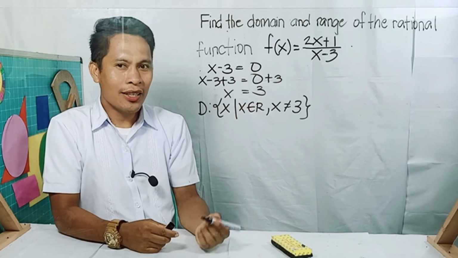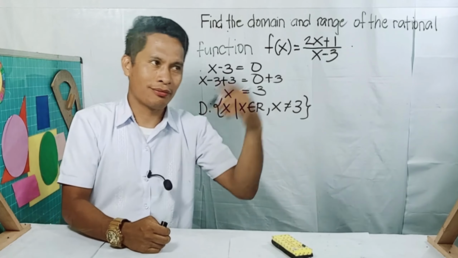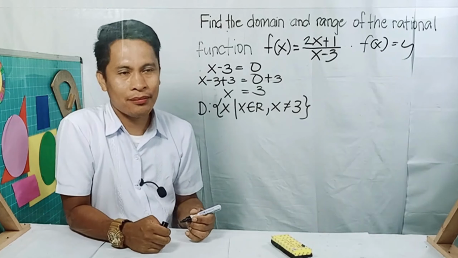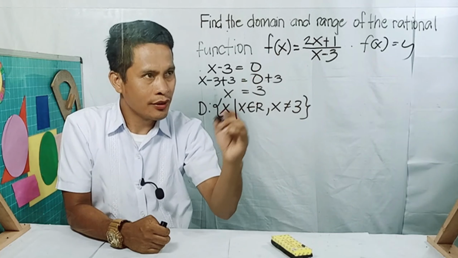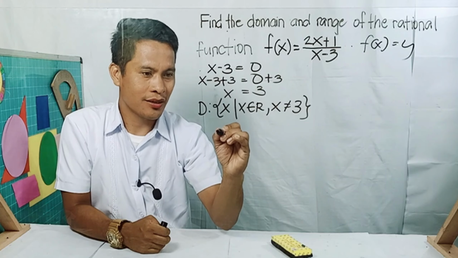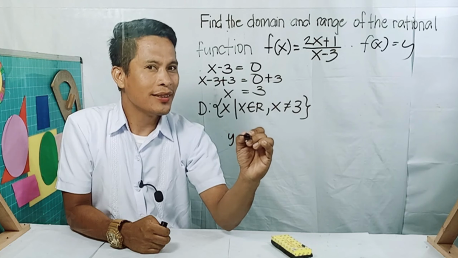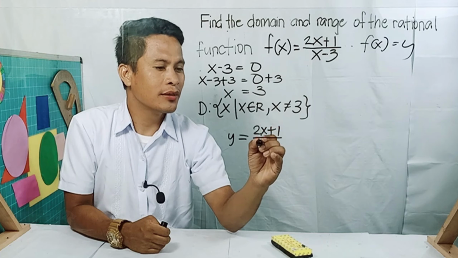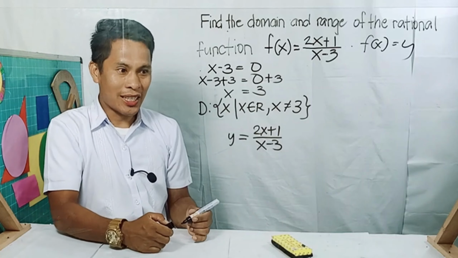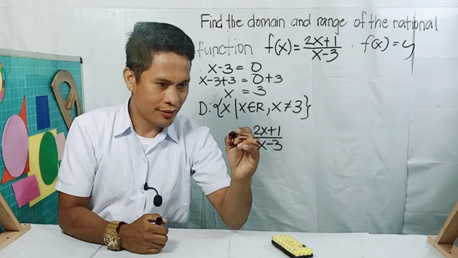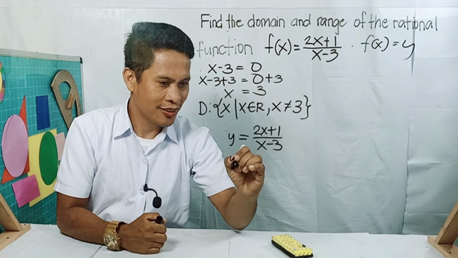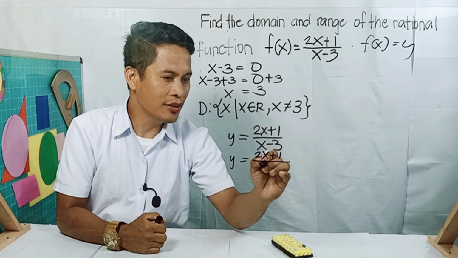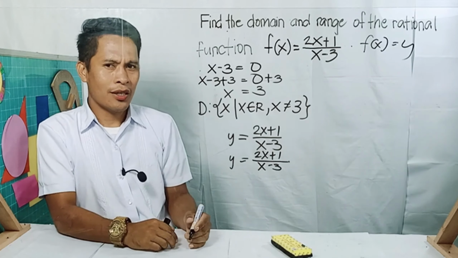Next, let's find the range of this rational function. Again, f of x equals y. Then let's substitute y for f of x. y equals (2x plus 1) all over (x minus 3). Let's rewrite: 2x plus 1 over x minus 3.